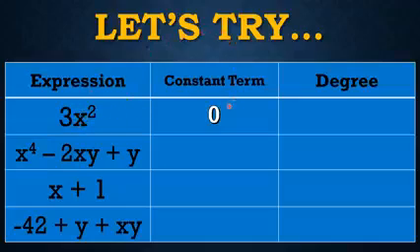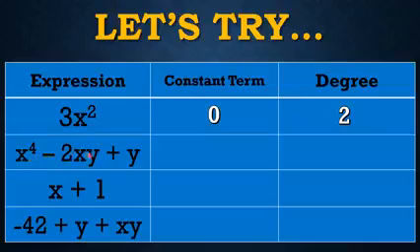So how about the degree? So the only exponent that we have in this expression is 2. Hence, 2 is the degree of 3x squared. In x to the fourth power minus 2xy plus y, what is the constant term? Okay? So meron tayong tatlong term again. The x to the fourth, hindi to constant term kasi merong x. This is not also a constant term kasi merong variables.